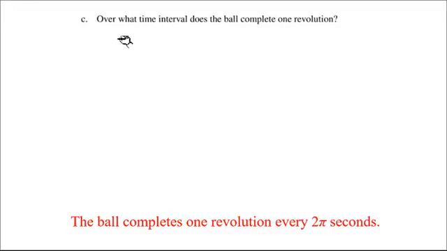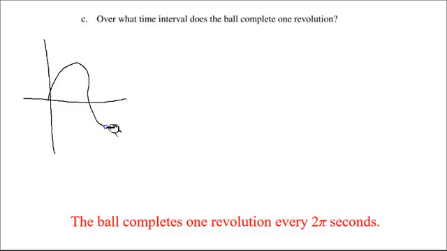Part C asks us, over what time interval does the ball complete 1 revolution? Well, if a radius length corresponds to 1 second, then we've seen in previous exercises that it's going to be 2 pi.